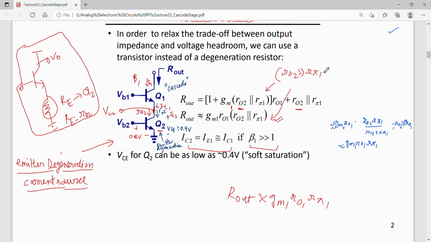That is the total output impedance, which is also the maximum output impedance, equal to gm1 times RO1 times R pi 1. So this output impedance is limited by this R pi 1.